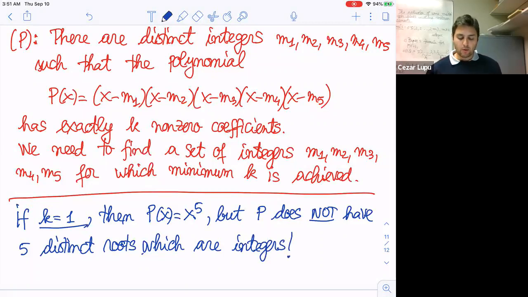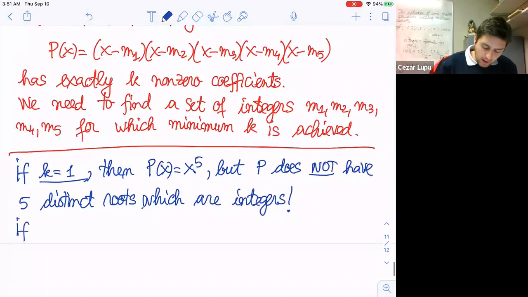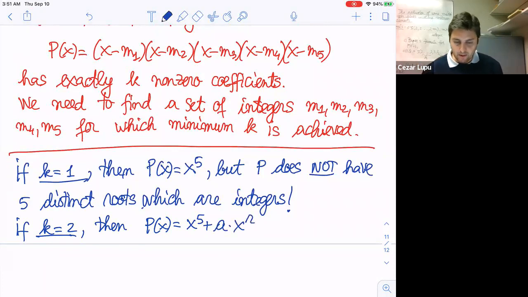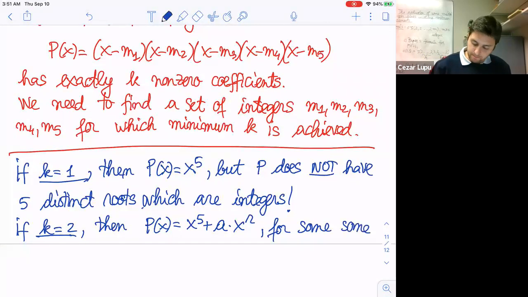Now let's see for k equals 2. If k equals 2, then let's consider this polynomial. P of x is x to the fifth. And now we're going to take another monomial, let's say a times x to the power r, for some non-zero integer a, right?